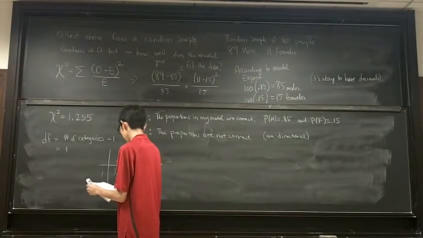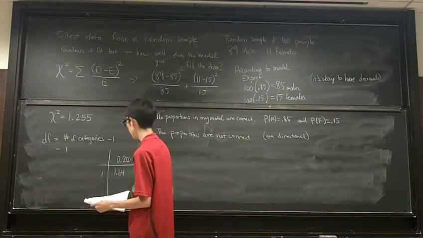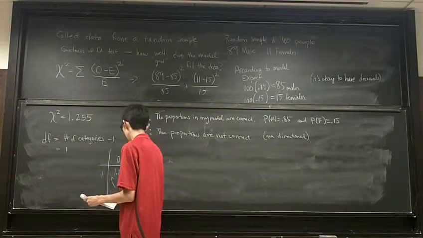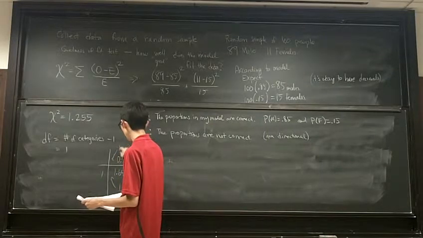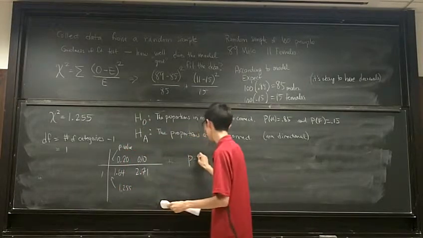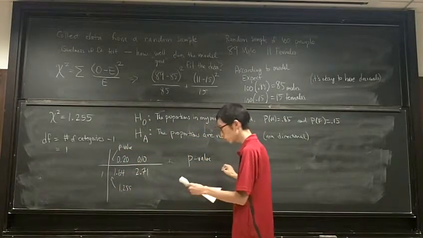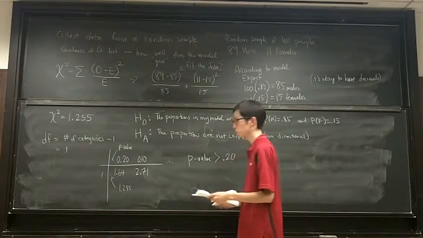I've got 1.64, 2.71. So 1.255 fits right there. So my p-value, I don't know exactly what it is, but I do know my p-value is going to be greater than 20%.